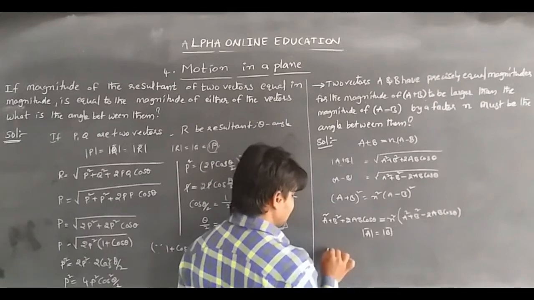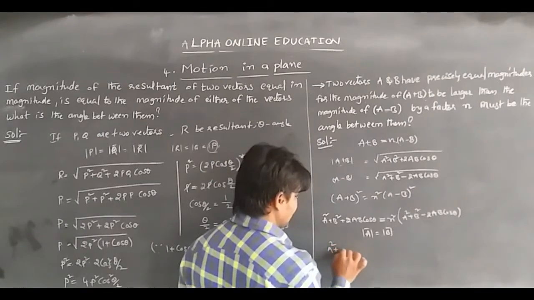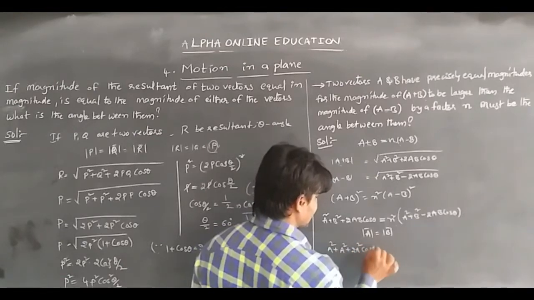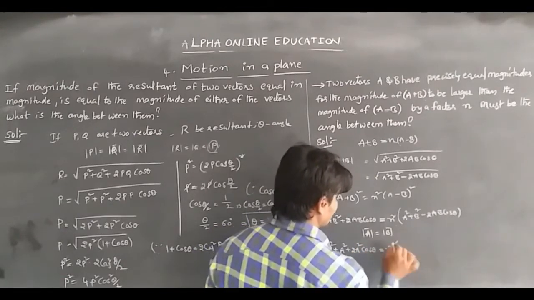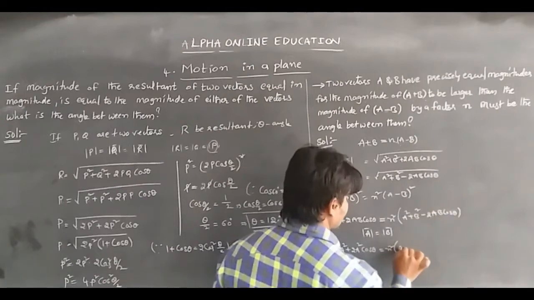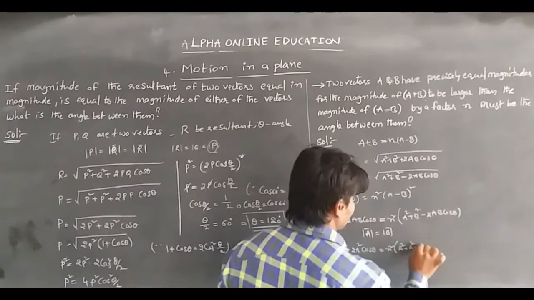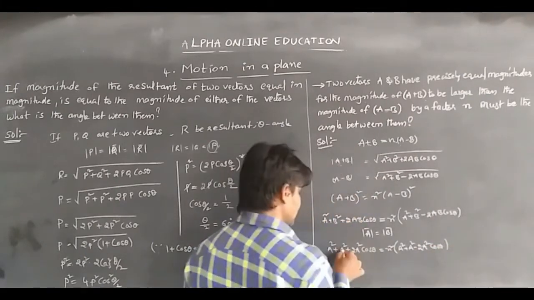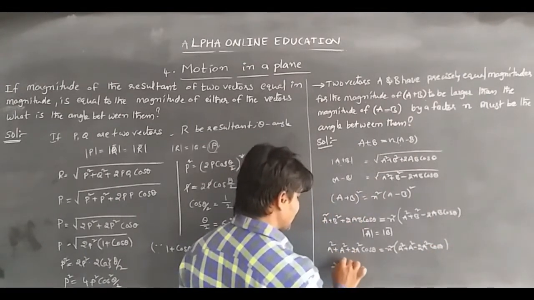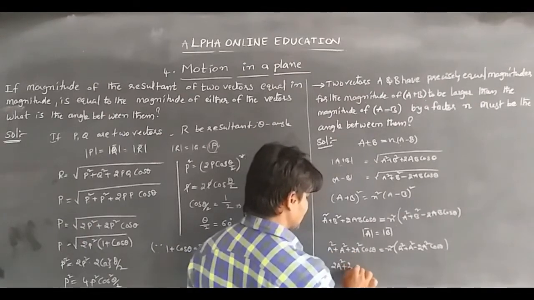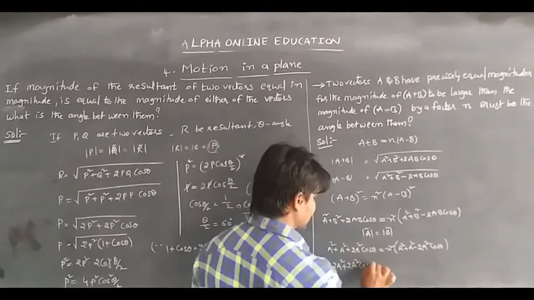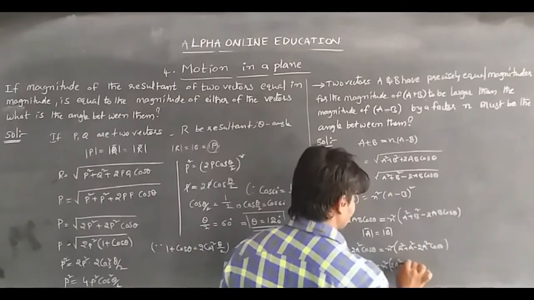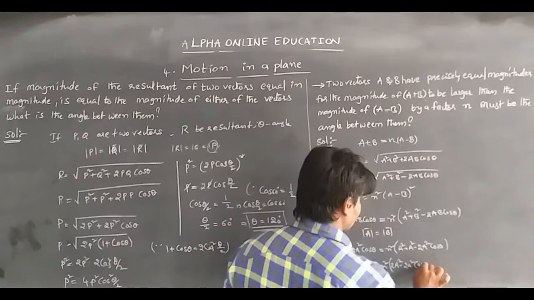So here A square plus A square plus 2A square cos theta is equal to n square into A square plus A square minus 2A square cos theta. Same terms we can write: 2A square plus 2A square cos theta is equal to n square of 2A square minus 2A square cos theta.